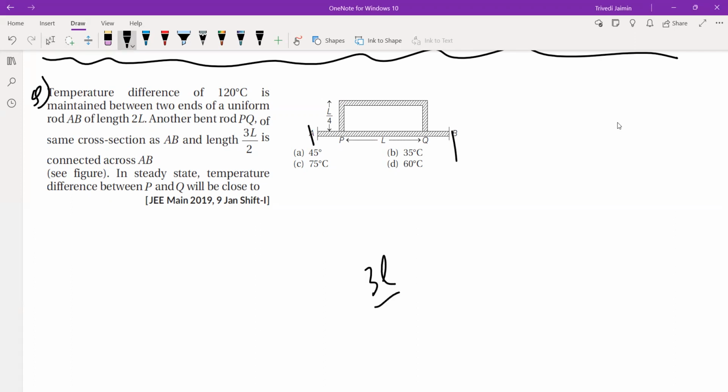So 3L by 2 minus L means 1.5 L minus L, which is 0.5 L. 0.5 means L by 2.